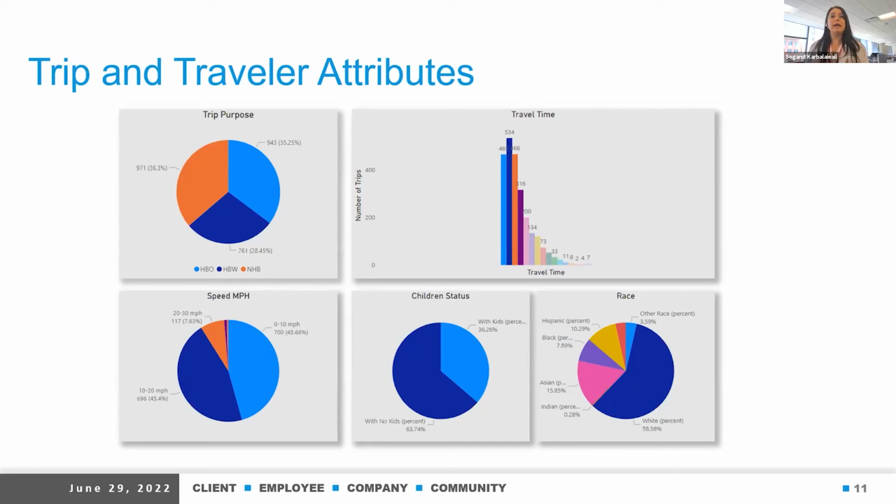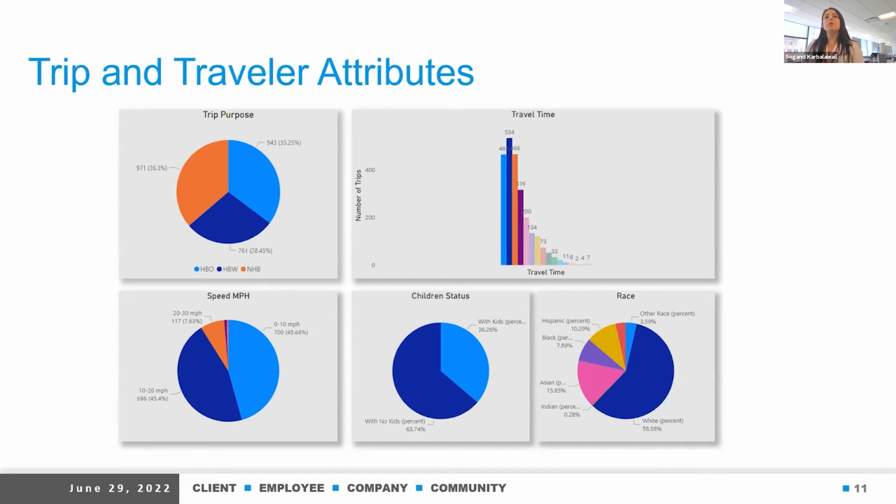Below that is the distribution of speed. It was really interesting to see that the speed distribution goes significantly toward lower speed, which is 0 to 10 miles per hour. Having all of these highways in this area is another proof of congestion and an inefficient mode, which is driving.